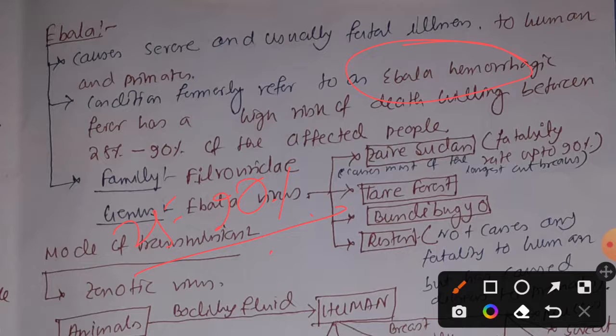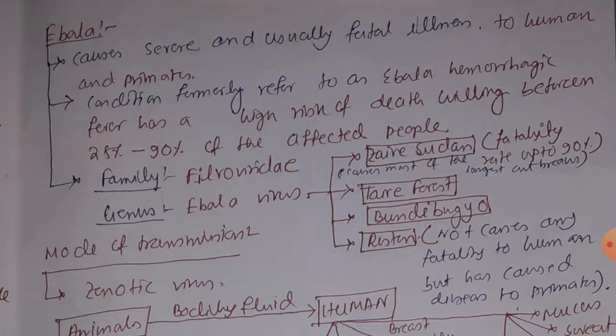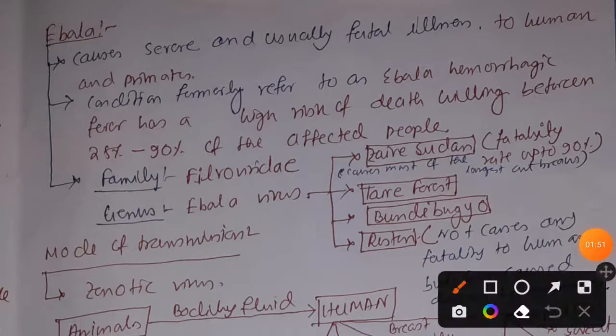It comes from the family Filoviridae, genus Ebolavirus, which can be divided into four species. One is Zaire, Sudan, the most common and most dangerous one causing the largest outbreaks, along with Taï Forest, Bundibugyo, and Reston.